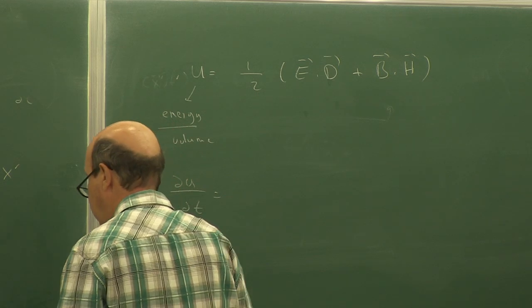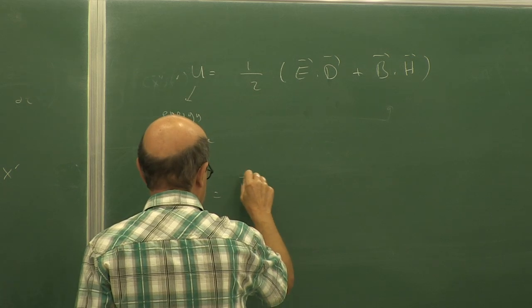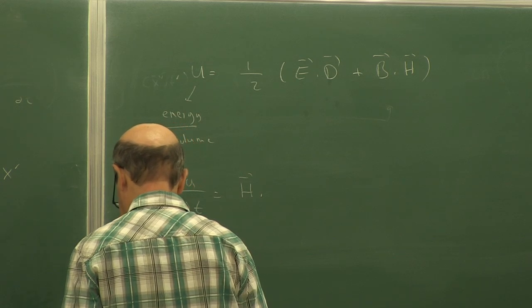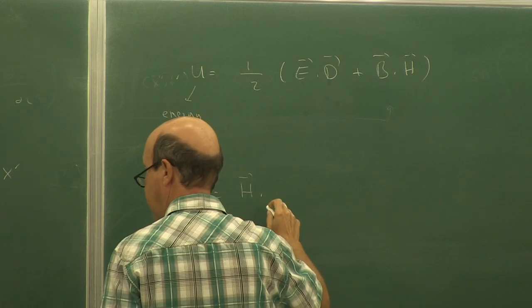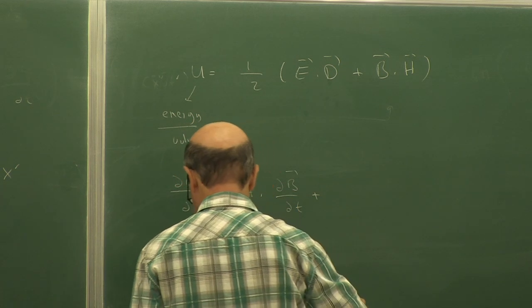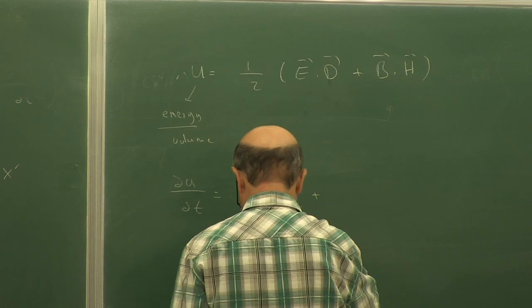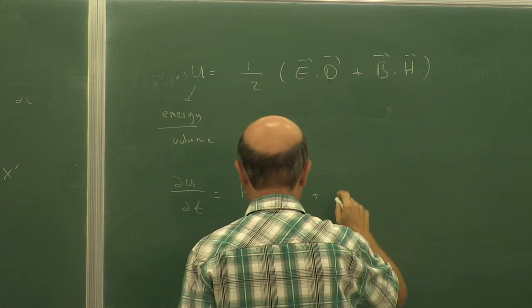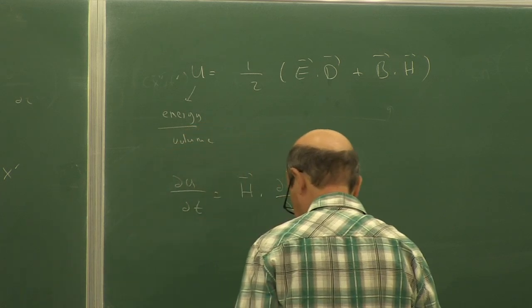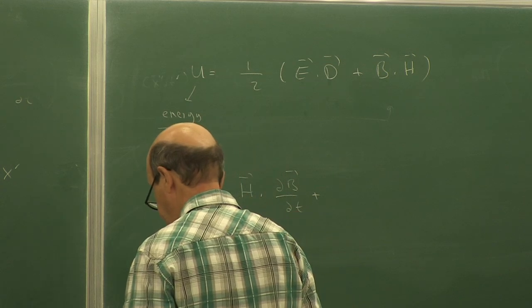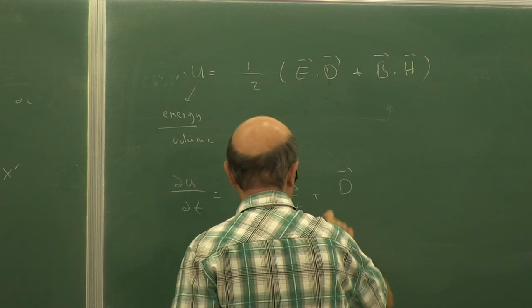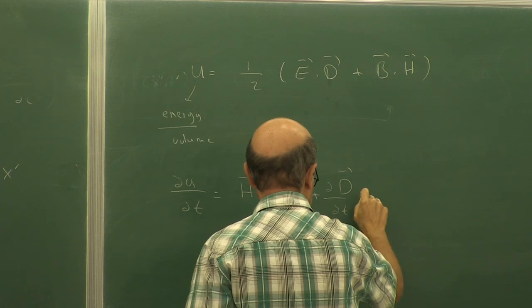So del u over del t will be H dot del B over del t plus del D over del t dot E.